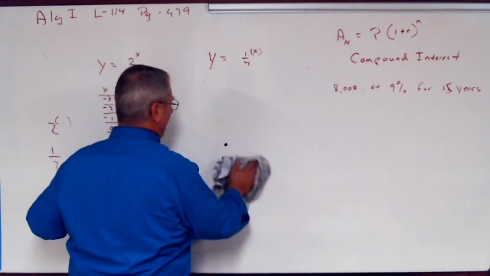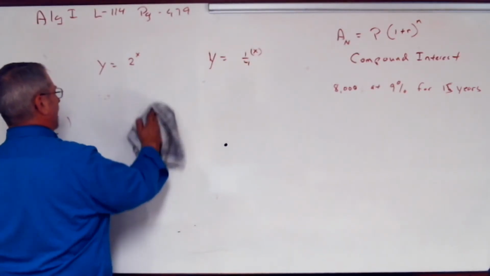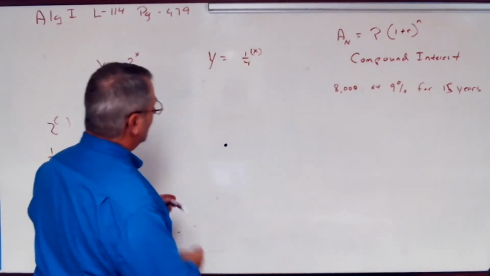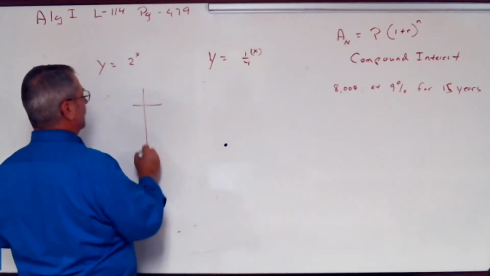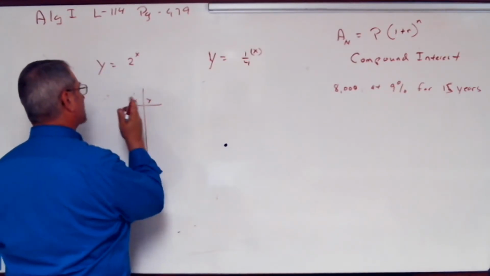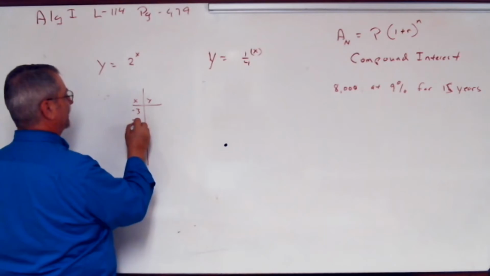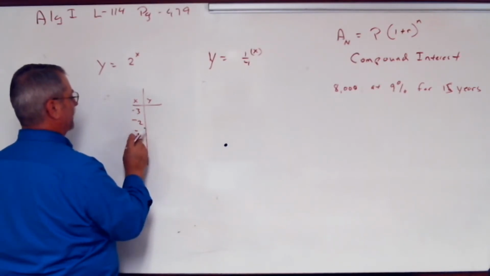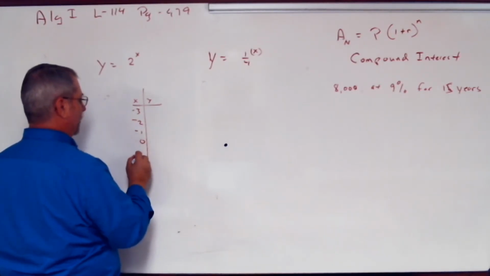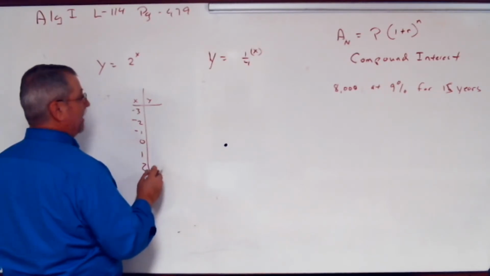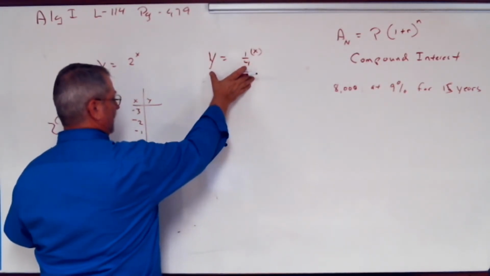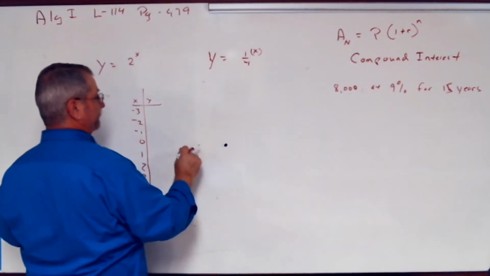All right, now let's look at this one here. Same kind of deal. We've got x and y. I'm going to start with -3, -2, -1, 0, 1, 2, and 3. Now we're using this function here, and then we'll put it on a graph.